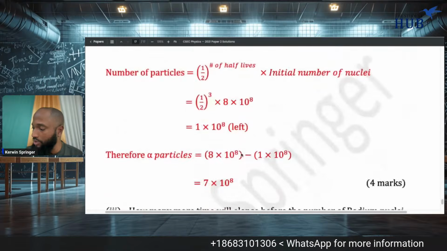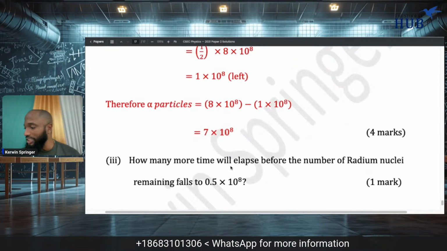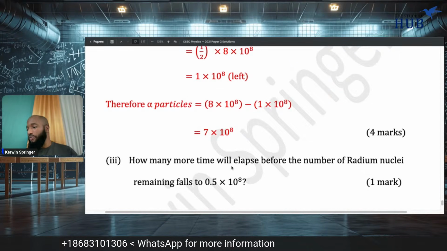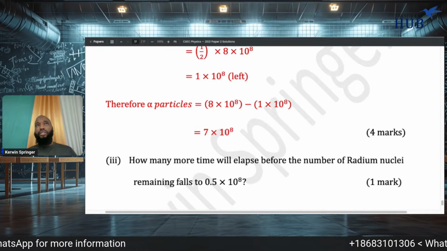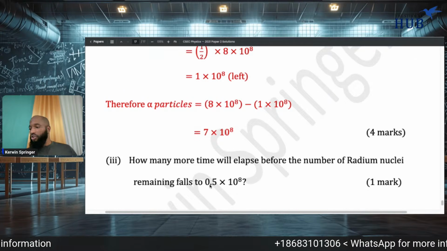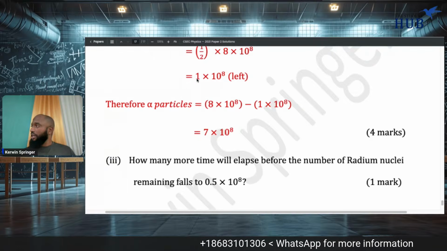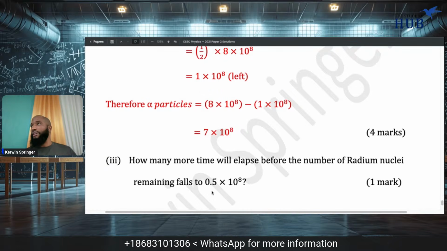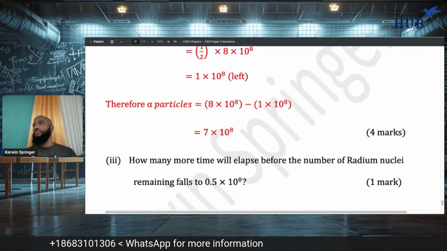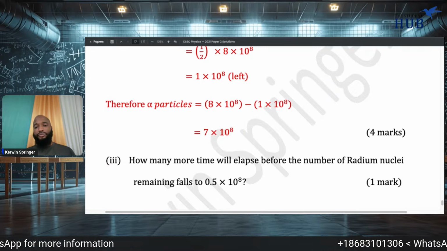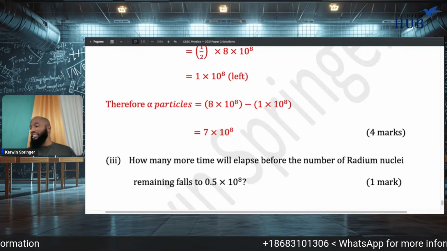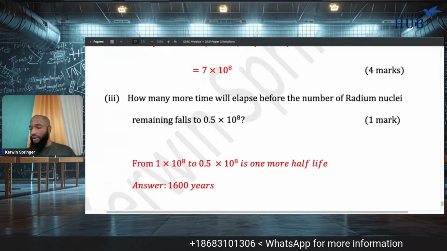How many more years will elapse before the number of radium nuclei remaining falls to 0.5? So if we have to go from 1 to 0.5, that's just another half-life. So how much time will pass? Just 1600 years. Just 1 half-life.